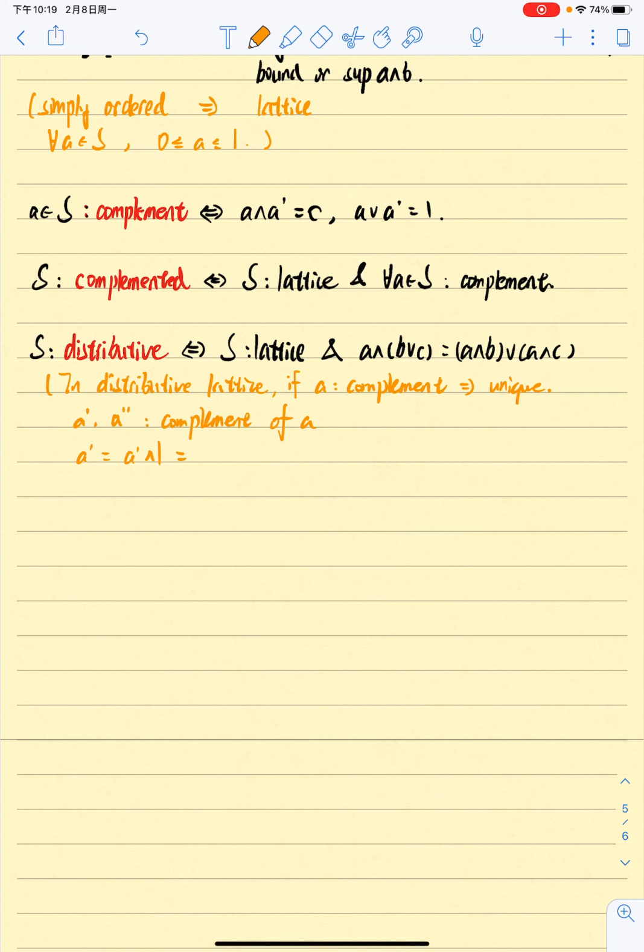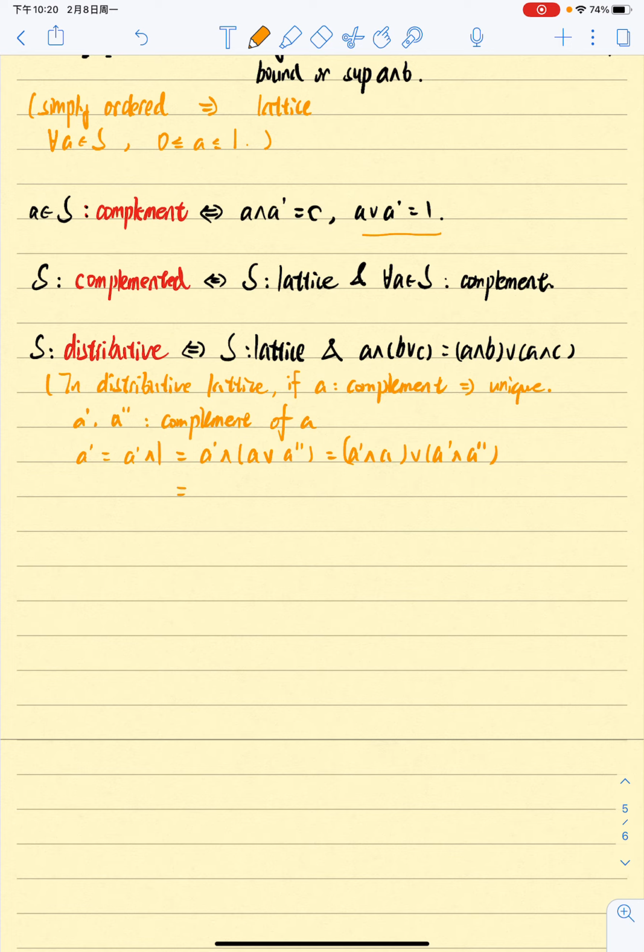And this 1 can be written, here, as A or A2 prime, because A2 prime is a complement of A. And by the distributive law, (A prime and A) or (A prime and A2 prime).